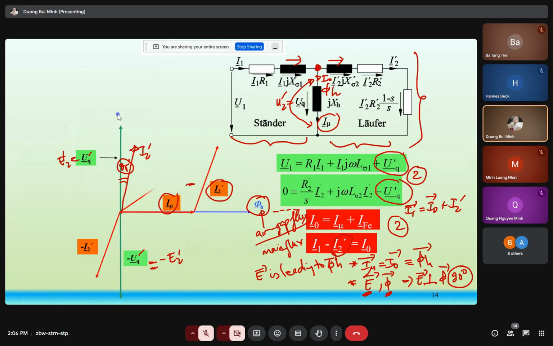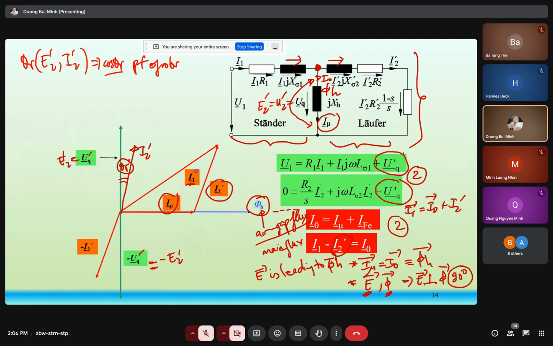Theta r is the phase angle between E2 prime and I2 prime. So you can get cosine theta r, which is the power factor of the rotor.